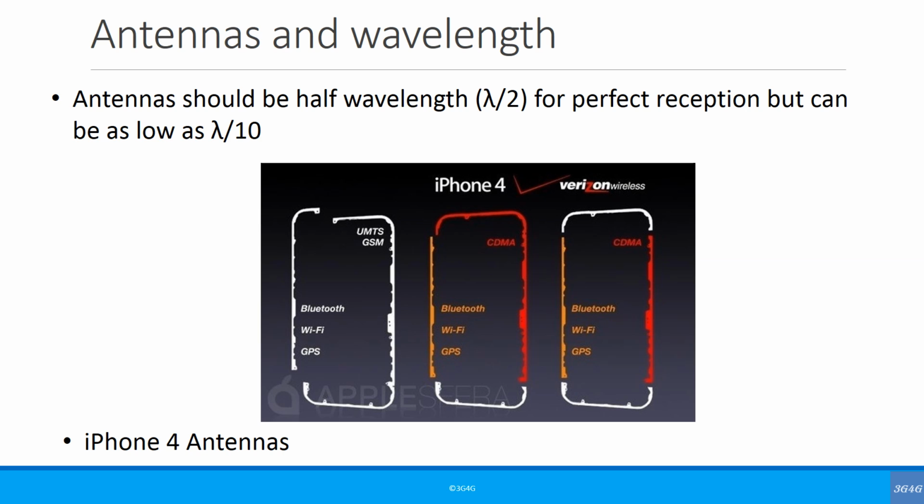The iPhone 4 on the left is the one used in most parts of the world, but in the US you also had the 3GPP2 CDMA standard, or EVDO. So you had the one in red, and you can see the antenna on the right-hand side. This is just to give an idea, and you can see the Bluetooth, the Wi-Fi, and the GPS antennas are very small.